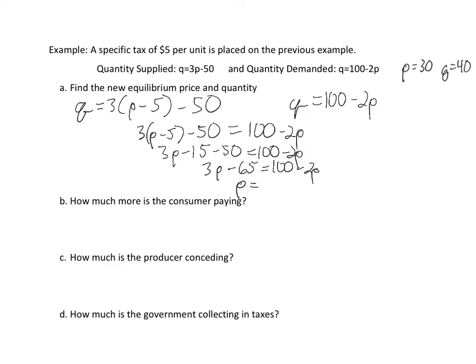What you would get is that P actually equals 33. In other words, our new equilibrium price is $33. For the quantity, remember we can take P and plug it back into either equation, it doesn't matter. The quantity would be 100 minus 2 times our new price, 33. And if we solve that, we would get that quantity is 34.